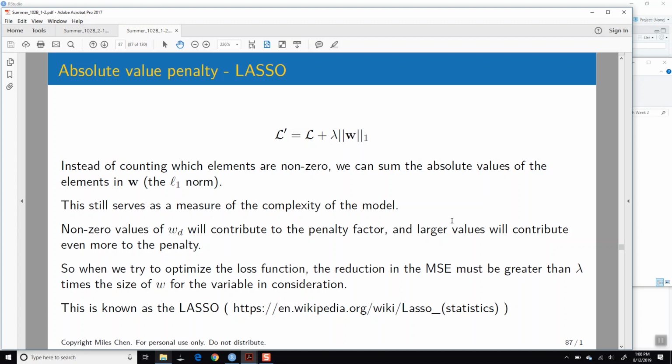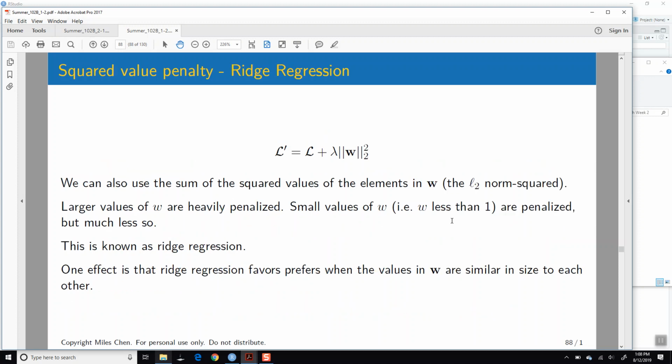And then the other alternative for modifying our loss function is using the L2 norm, or using the squares of the coefficients.